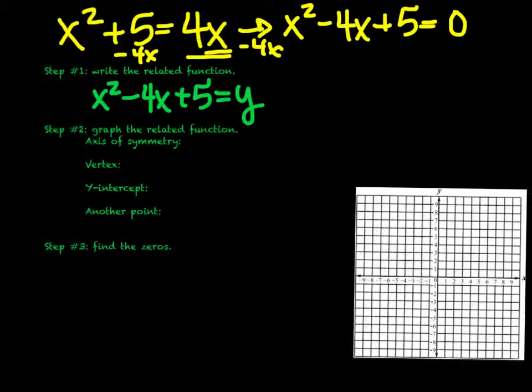Now we need to find the axis of symmetry, and we're going to be using our a term and our b term. Our a term in this case is equal to 1, and our b term is equal to -4. So we put that into the equation -b over 2a, and we end up getting -(-4) over 2 times 1, which is equal to 4 over 2, or 2.